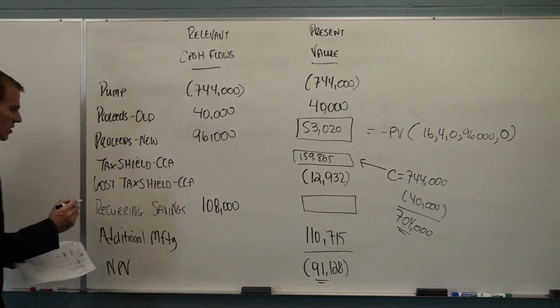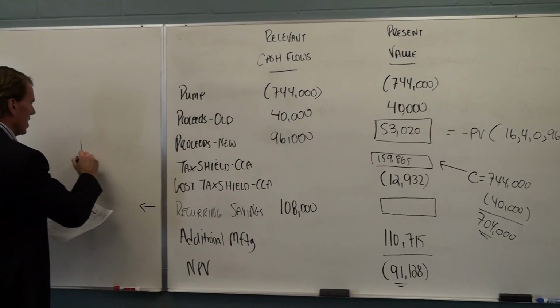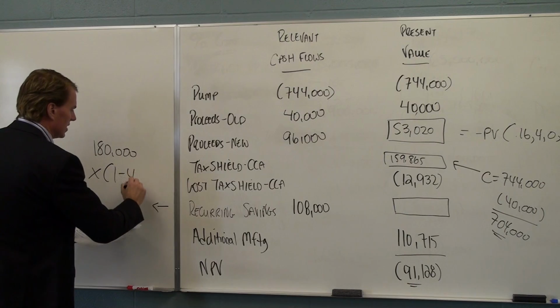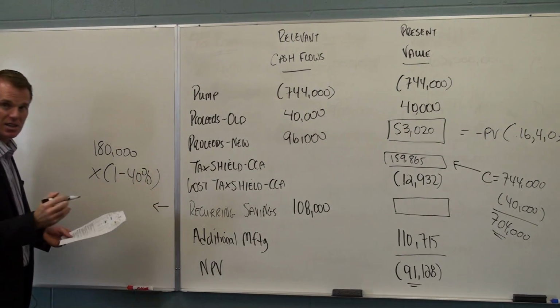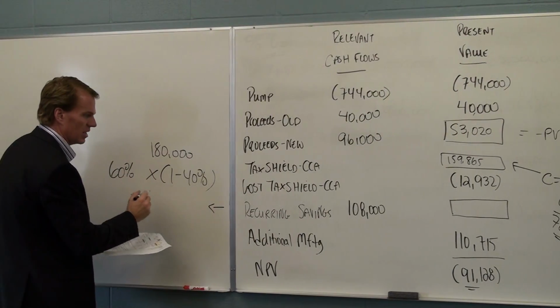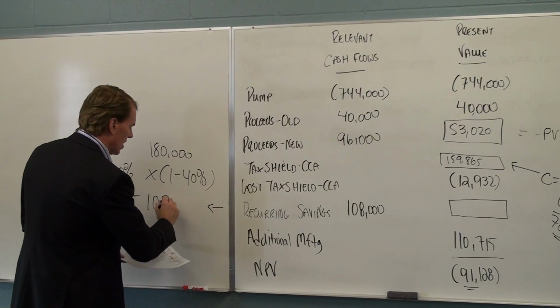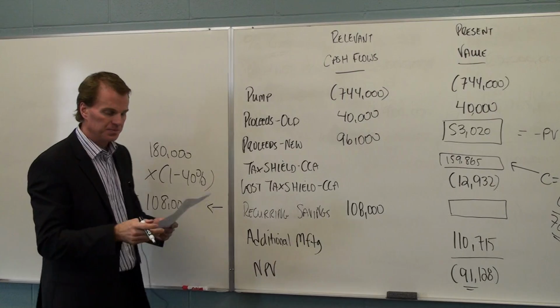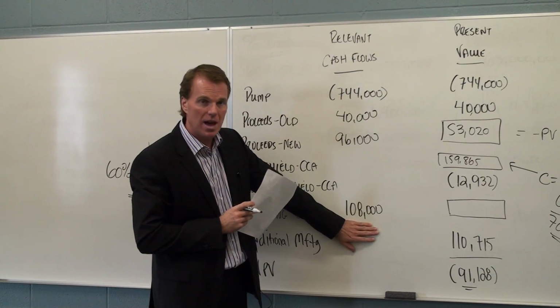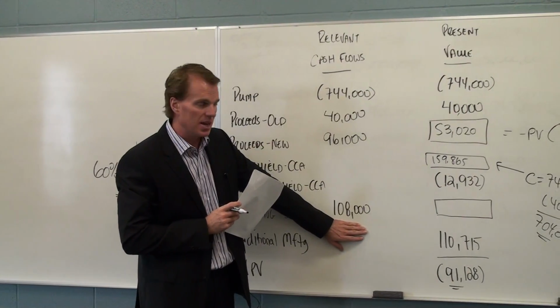If you actually take a look at the calculation for this, it's 180,000 times 1 minus the tax rate of 40%. So the after-tax rate is actually 60%. That's how you get 108,000. So that's very key to remember, after tax for these revenue and expense items.